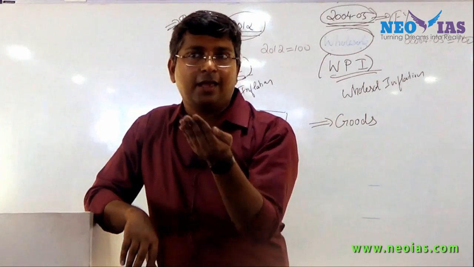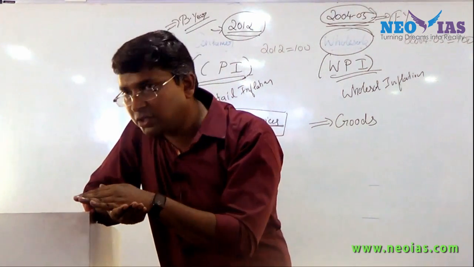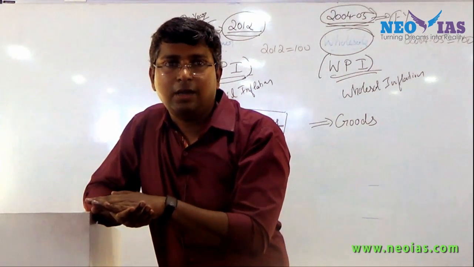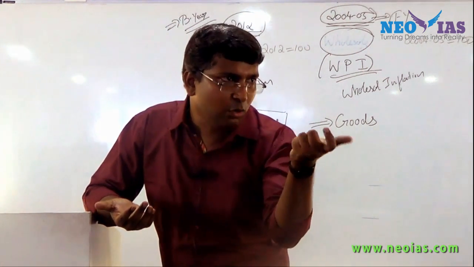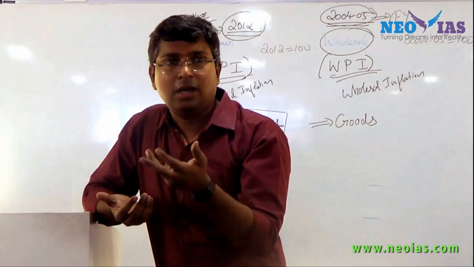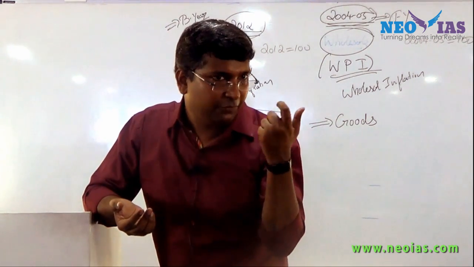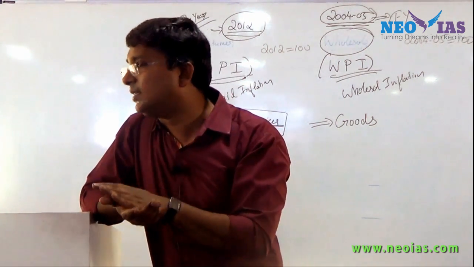Why? If the manufactured product price and the fuel price are low, then the food items weightage is only around 25%. So it will not give you a correct picture. Regarding food inflation, wholesale price index will not give you a correct picture. Why? The food items weightage is comparatively lesser.